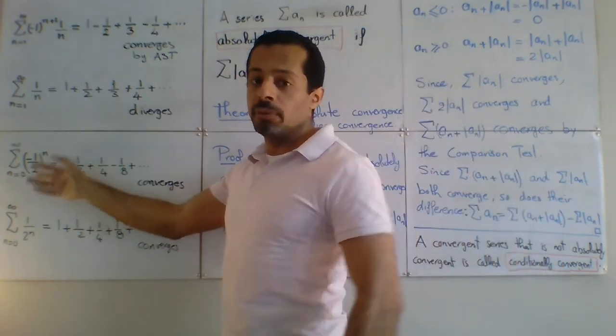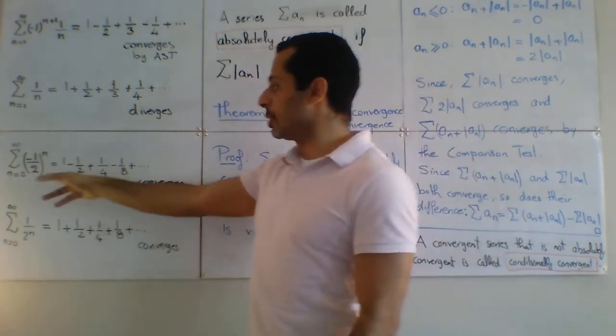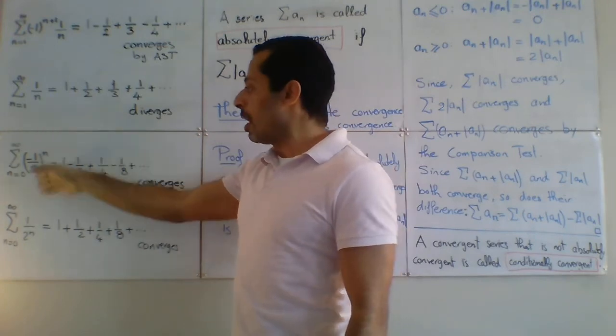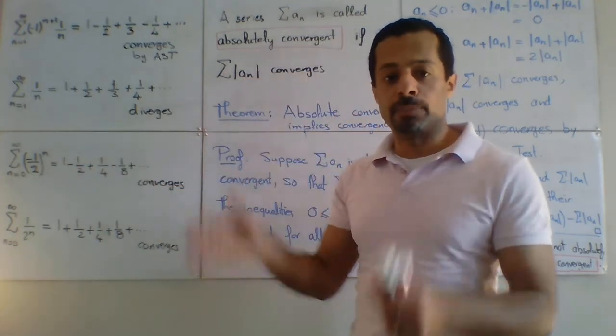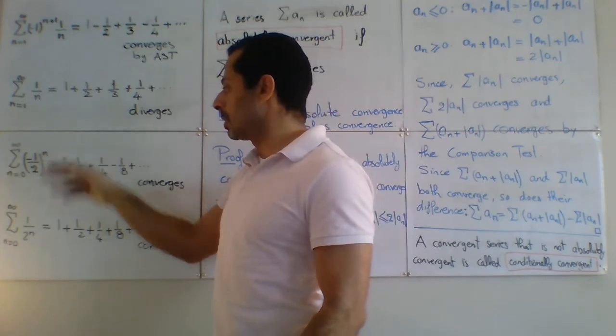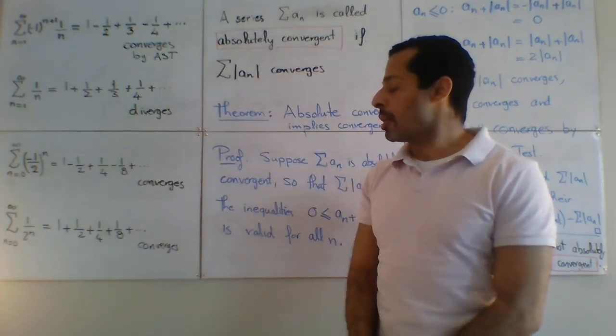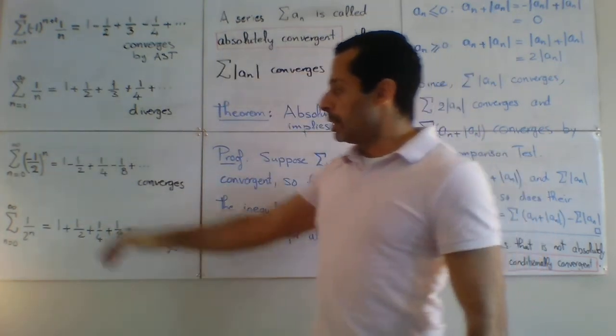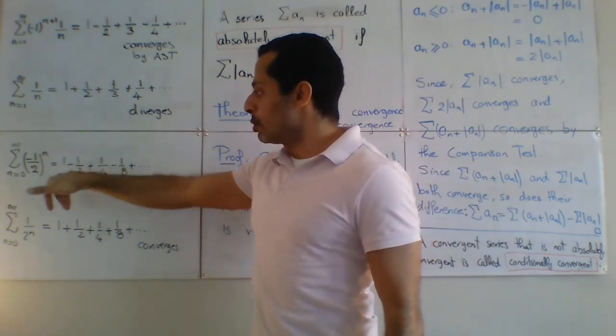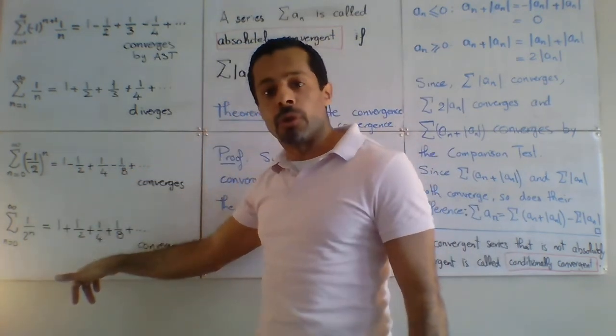Or even before that, this is a geometric series whose r equals negative 1/2, and if the absolute value of r is less than 1, we know that the geometric series converges. So here the alternating series converges, but the non-alternating version also converges.